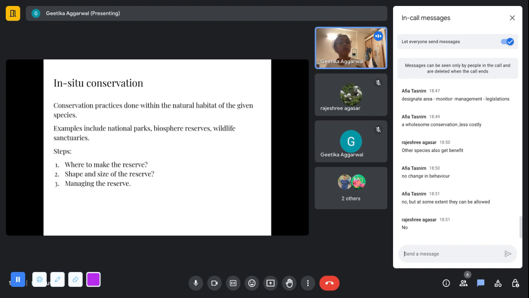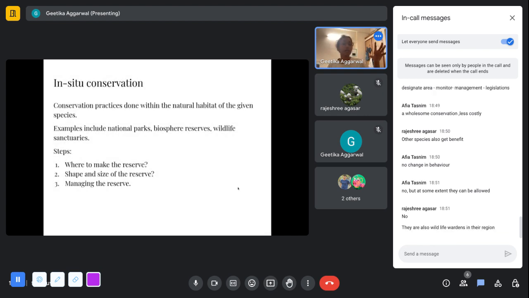A lot of the time they also have certain rituals. Say for example, they're also wildlife wardens in the region. They know that area better than the forest guards, or better than the people coming from outside, or better than us who are studying about the area. They know it better because they have been born and brought up in that area. They know all about it.